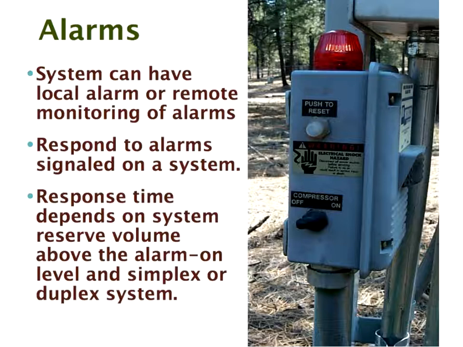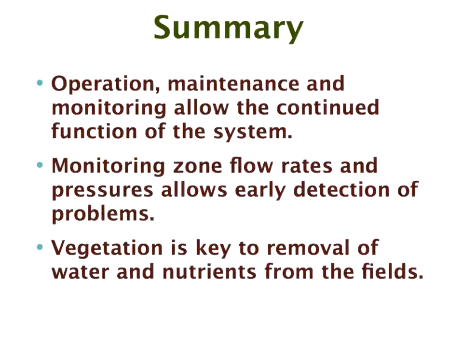This depends completely on how much money's been spent on the control system and the alarm system, and the needs of the regulators and the needs of the homeowner. Okay, operation and maintenance is the secret.